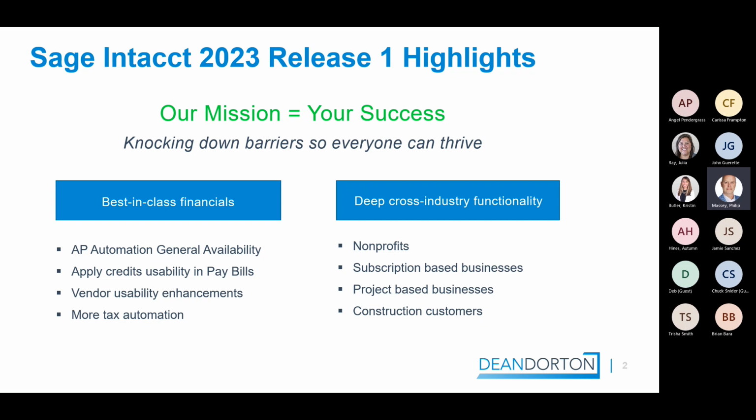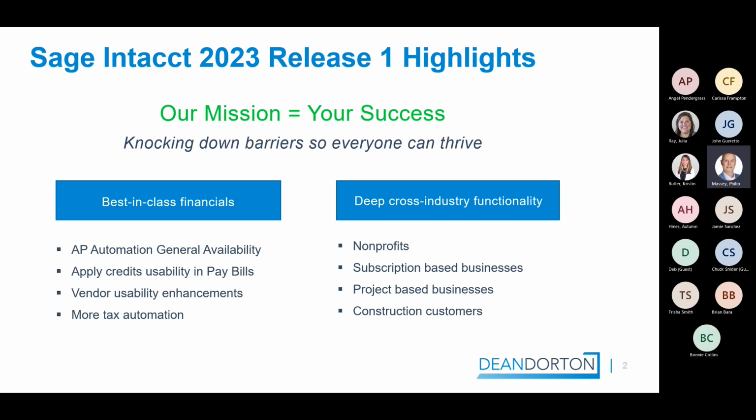And I will walk you through how some of the different pieces of that AP automation work so that you can actually see it. I think it's an extremely good feature, and something that I believe a lot of our clients and a lot of the folks on the call here are going to want to take advantage of.